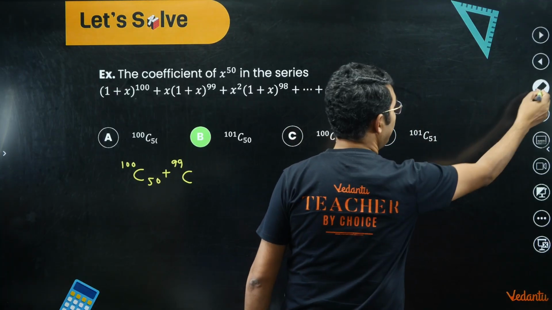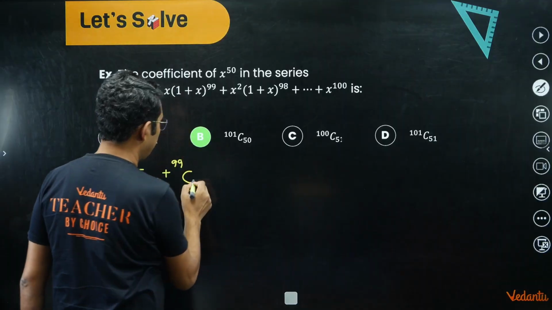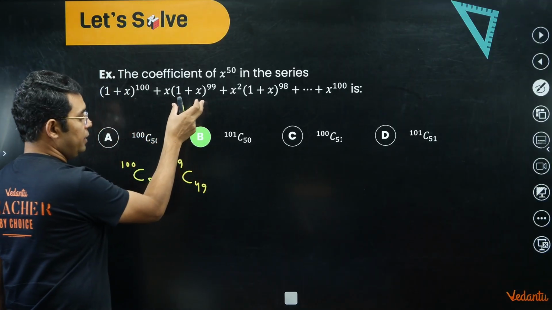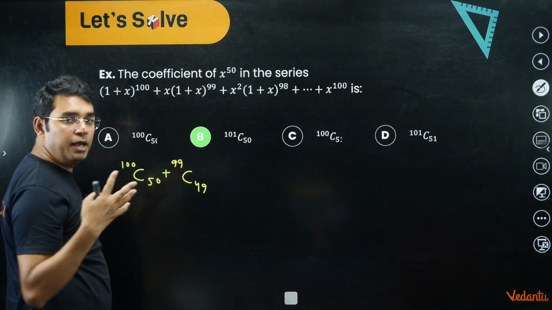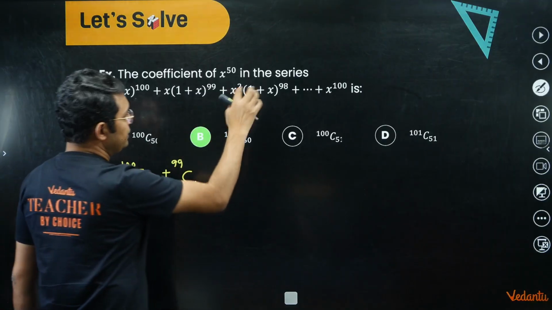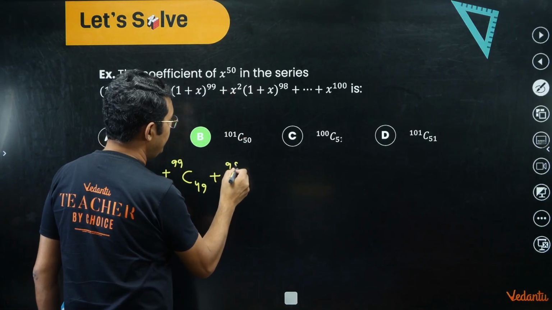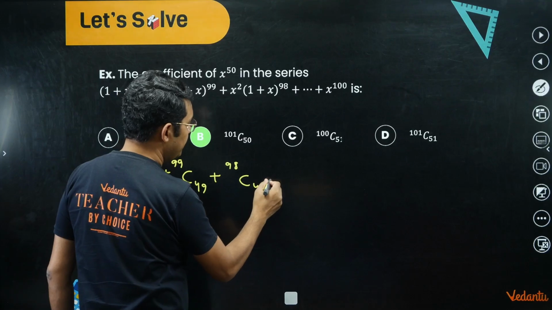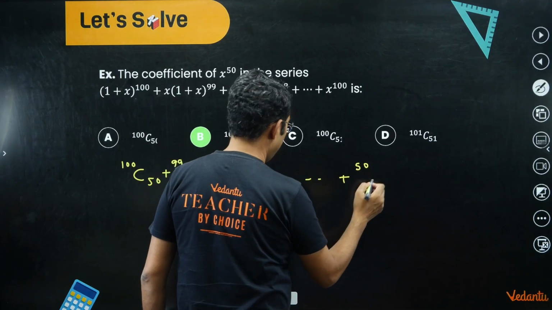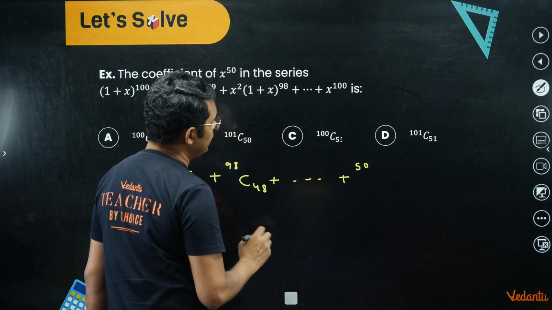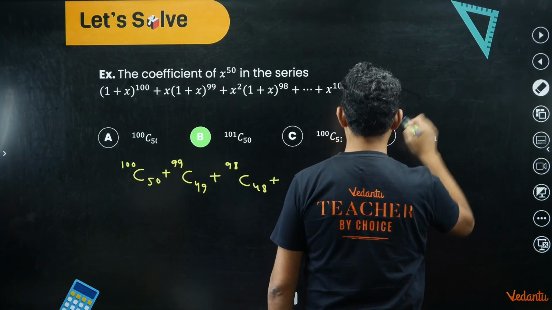So 99C49 from this, and x power 49 we will take from here, x from here, so this will make this to be x power 50. Similarly here it will be 98C48 and so on. I think this will terminate somewhere when it becomes 48C48, if I am not wrong.